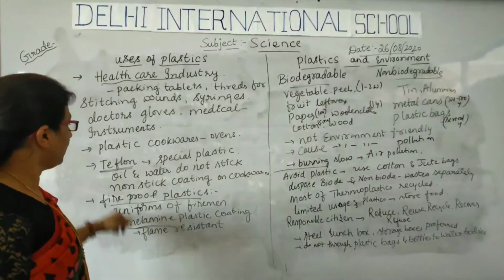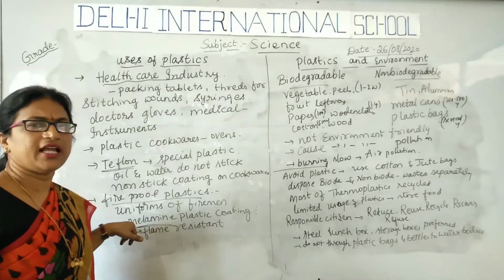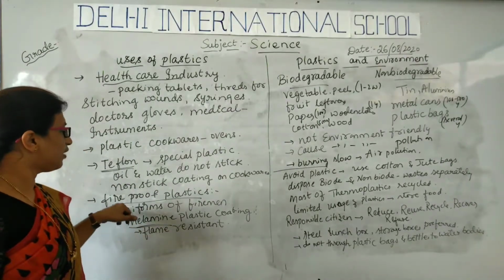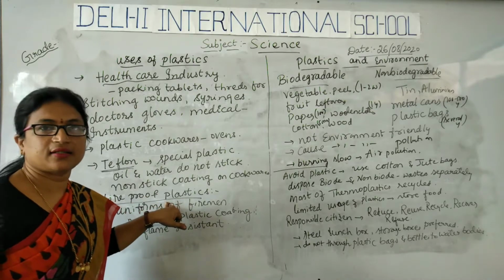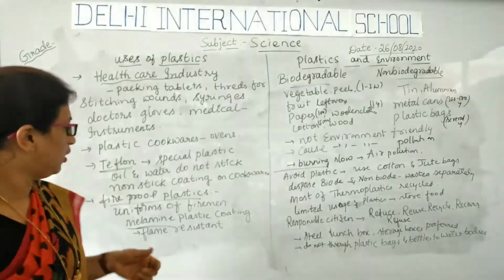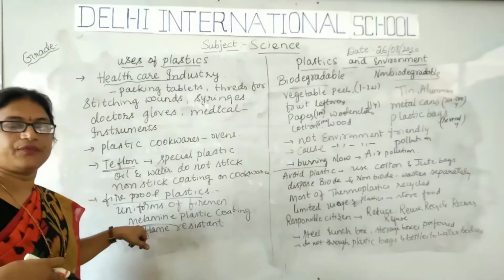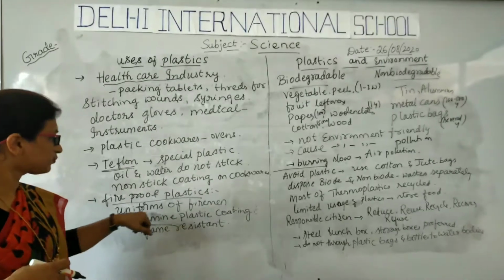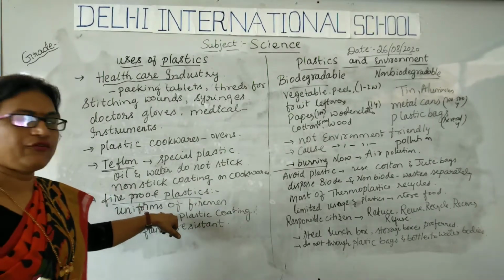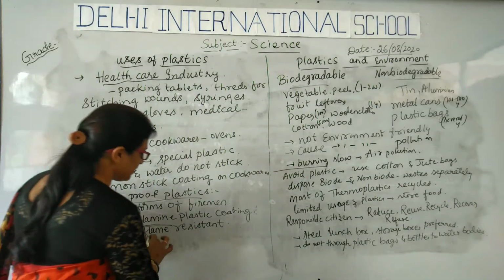Melamine and Teflon are very special, and their extensive use is seen nowadays. Melamine is used in fireproof plastics, where the uniforms worn by firemen have a melamine plastic coating. These are flame resistant.